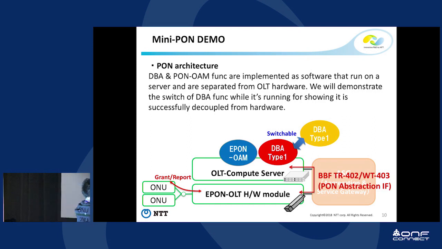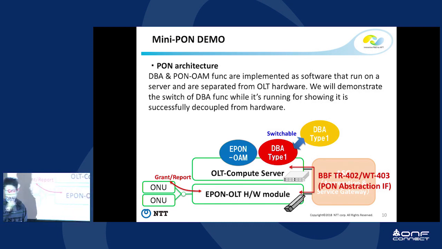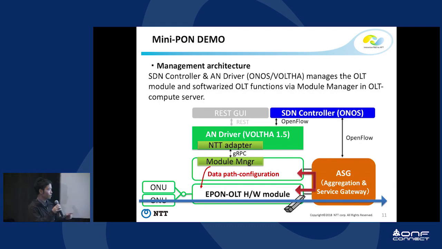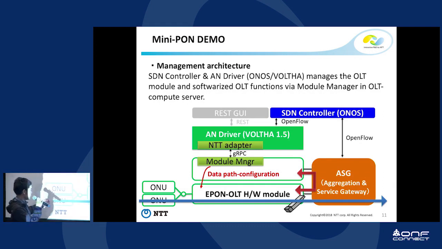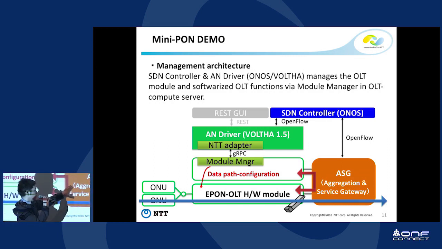Oh, sorry. That is because of my shortage of explanation. Okay, give me a second. The packet data is going through the ONU, the module and the aggregation service gateway. So the NNI is here, not here.